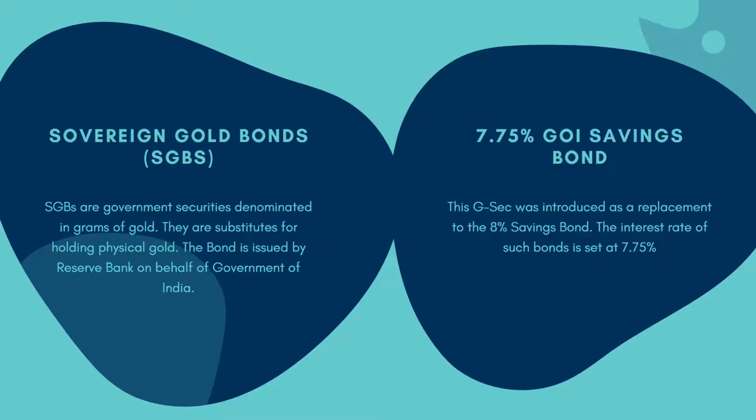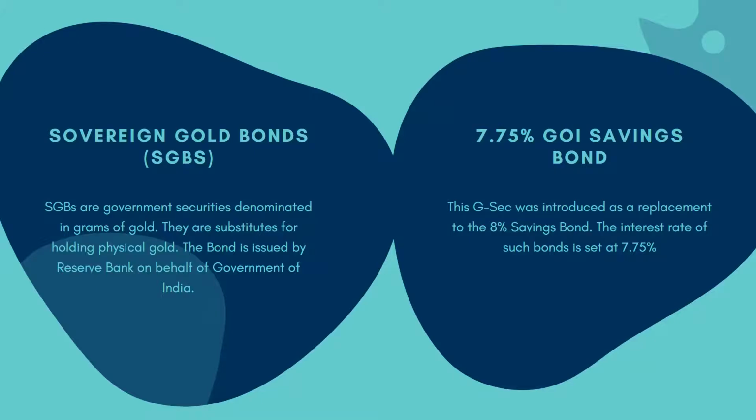The interest earned on such bonds is exempt from tax, and the price of such bonds is linked with gold prices. The nominal value is reached by calculating the simple average of closing prices. Thus SGB is denominated in grams of gold, and the bond is issued by the Reserve Bank on behalf of the Government of India.